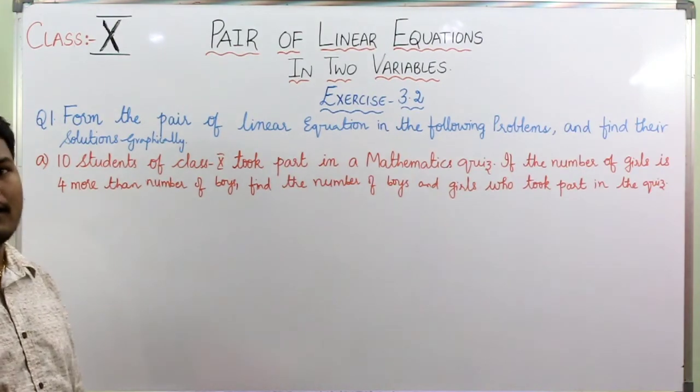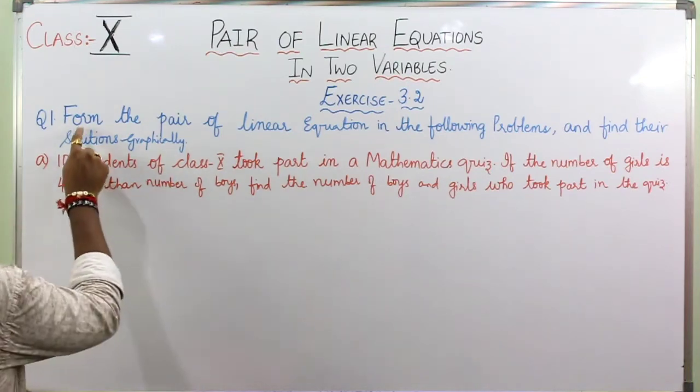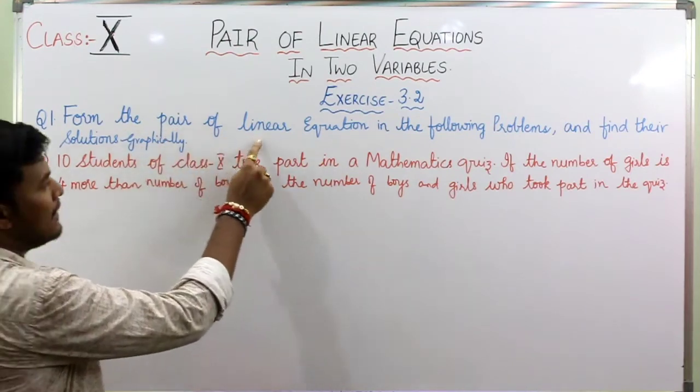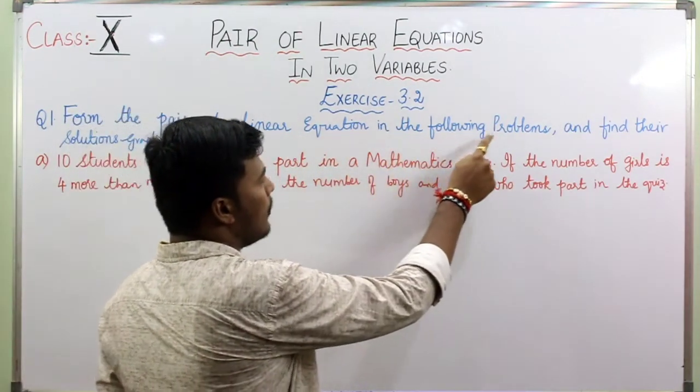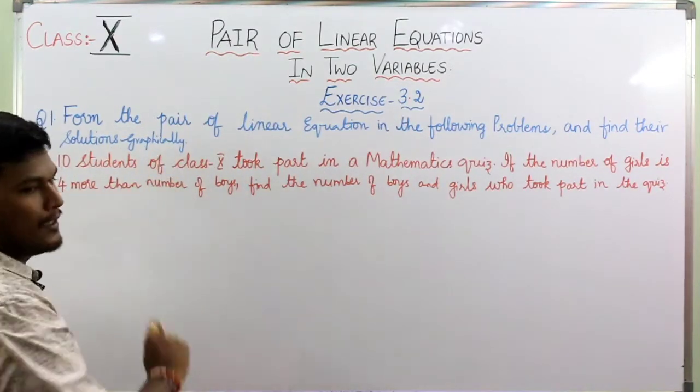Now let us start exercise 3.2 of pair of linear equations in two variables. The first one is: form the pair of linear equations in the following problems and find their solutions graphically.